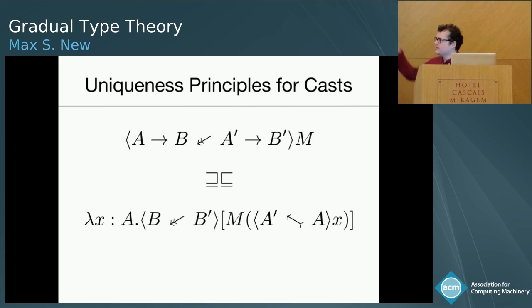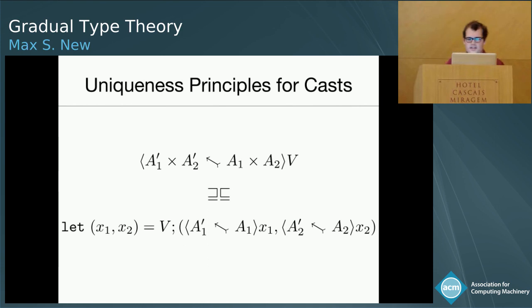For instance, if I downcast between two function types, then I can prove in the theory that it's equivalent to the function that takes in an input, upcasts the input, runs the function, and downcasts the output. So the classic function contract, and basically what you would come up with if you were asked how to implement this function. And then we can prove it for every type. For instance, for products, the cast should be that you split it apart, cast each side, and then tuple it back together.